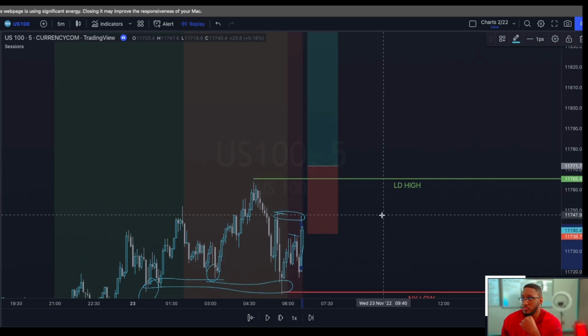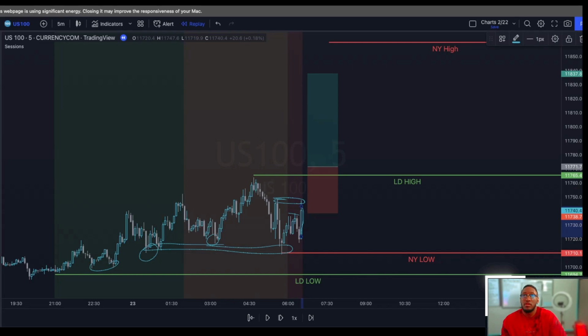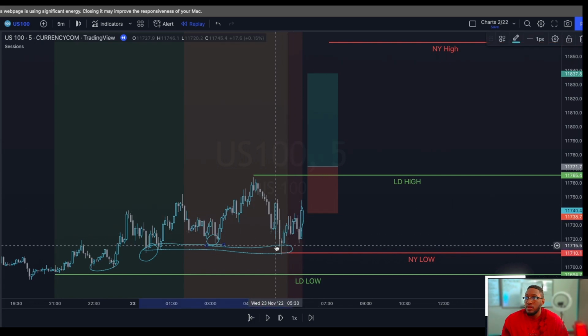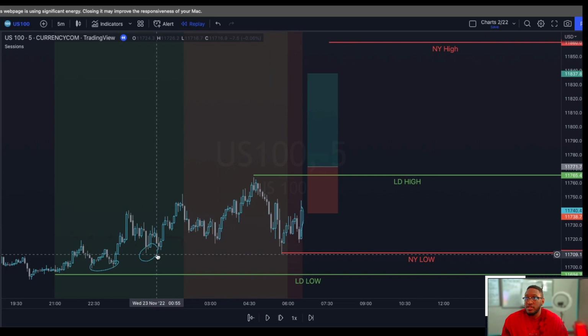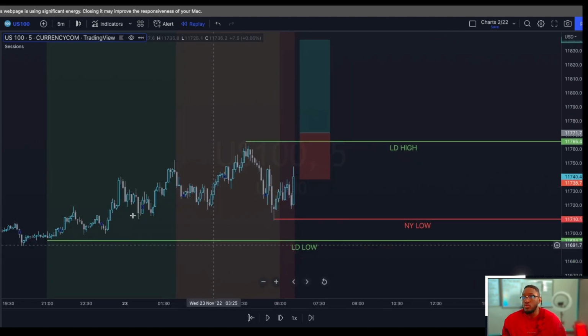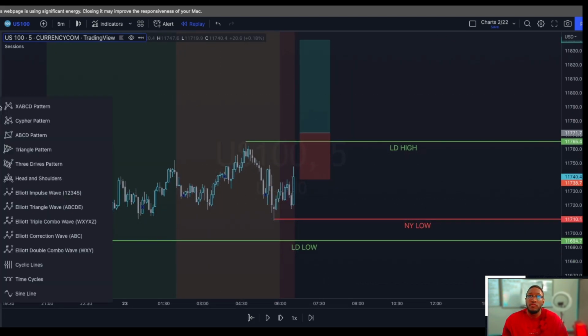So the strategy that we've done and that I use is very fine-tuned, right? So let's just get rid of all of these. As I just stated, I look at that 6:30 high and low, and I use that to create a range.